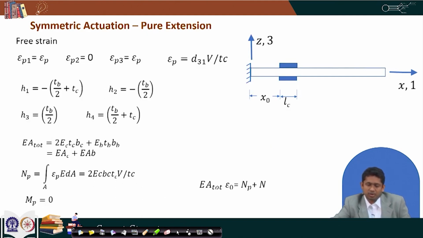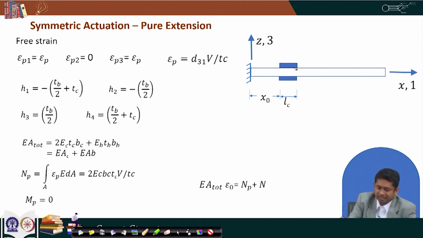Now, let us look into one case which is a symmetric actuation case. Symmetric actuation means we have two piezoelectric patches, which are identical and placed at the two opposite surfaces.